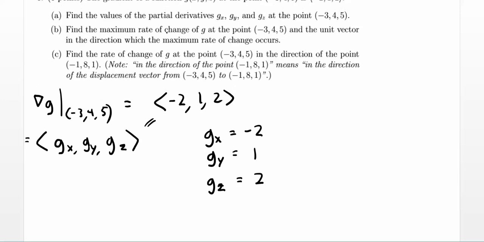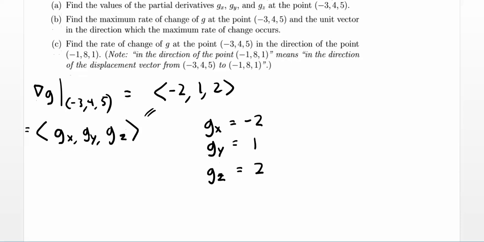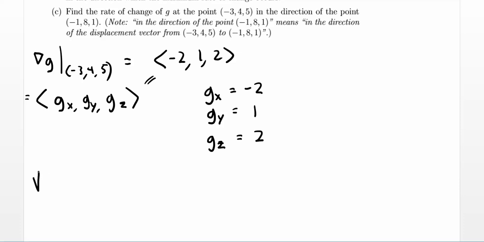Now part B says, find the maximum rate of change of g at the same point that we've been talking about, and the unit vector in the direction in which the maximum rate of change occurs. So the maximum rate of change is just the magnitude of the gradient. So let's take the magnitude of the gradient vector.